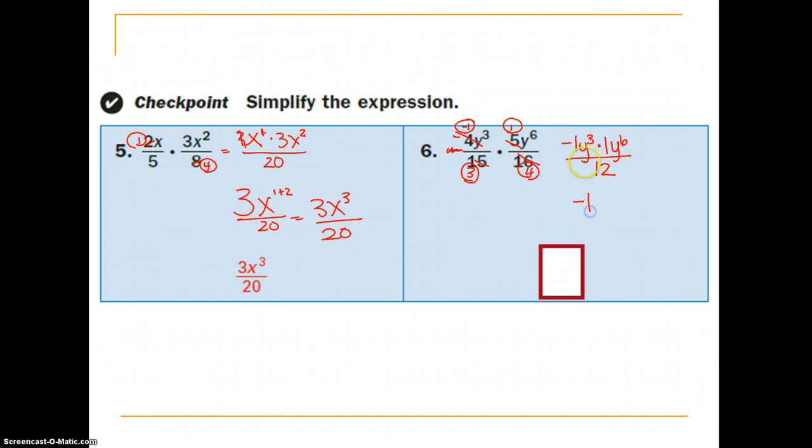So we have negative 1, because negative 1 times 1, and y, we add the exponents, over 12. So negative, and you don't need the 1, negative y to the 9th power over 12. And again, you could put the negative here as well. That is the same answer.